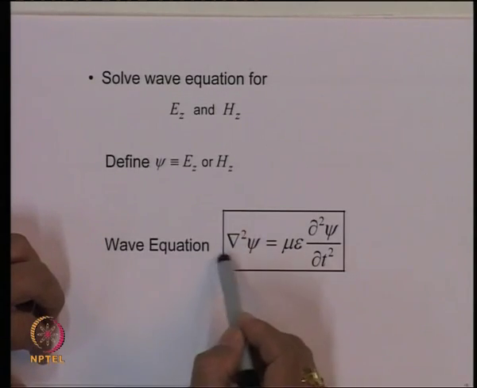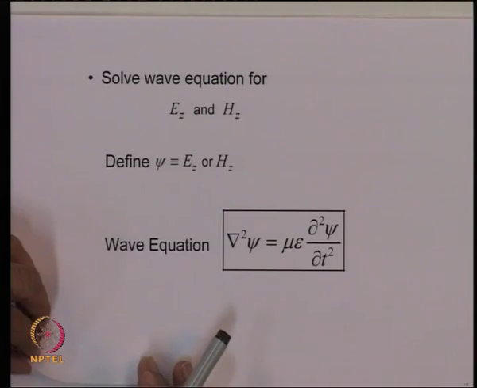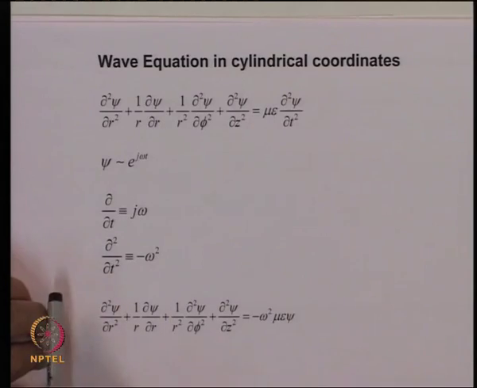First, let us expand this quantity del square in the cylindrical coordinate system, and we get the wave equation which will look like this.